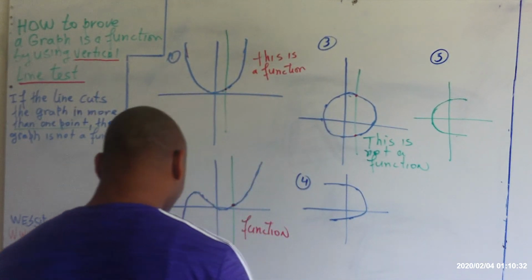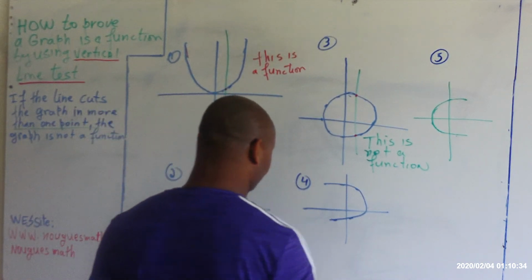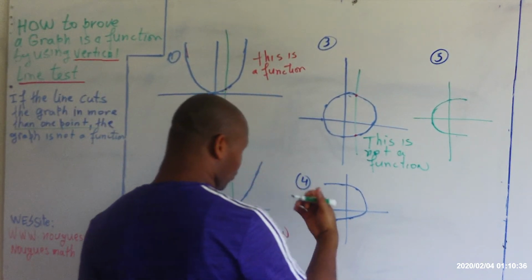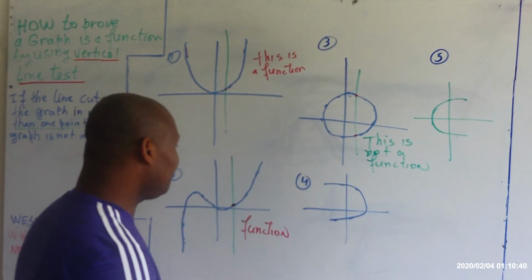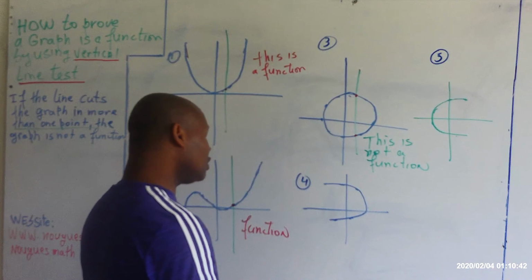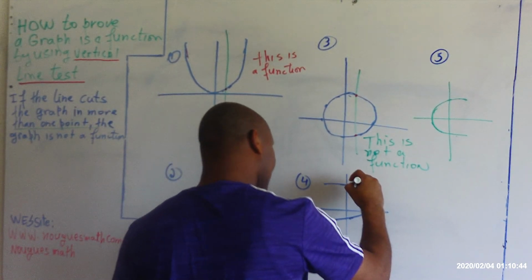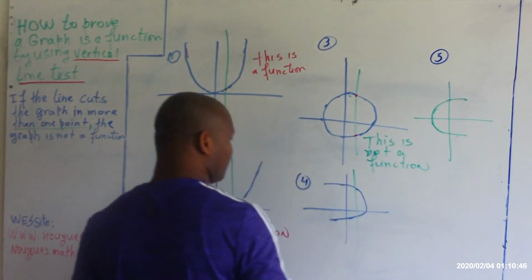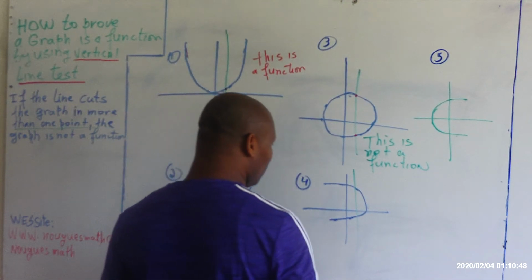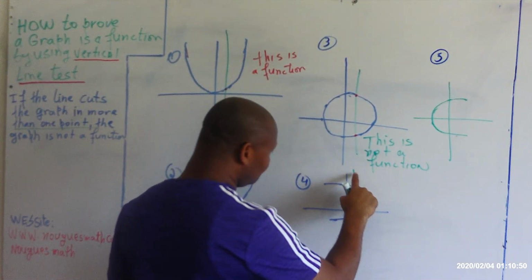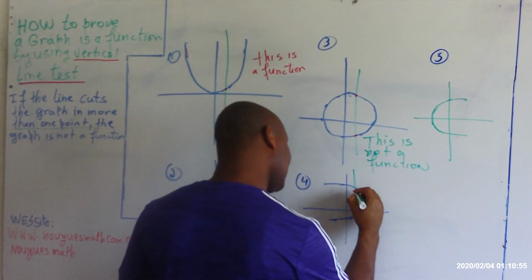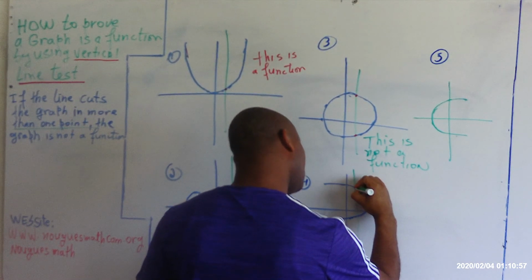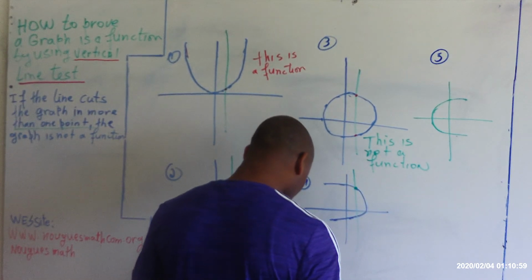Number 4. Let's check. I'm going to use the vertical line test to prove if number 4 is a function or not. When you look at this graph, you see the vertical line test cuts this graph in more than one point.